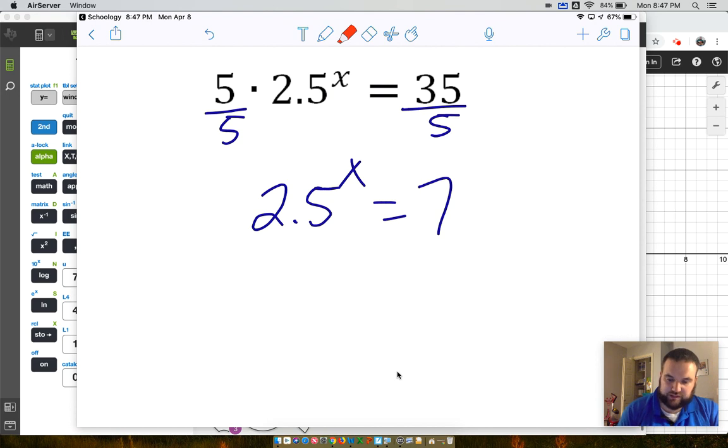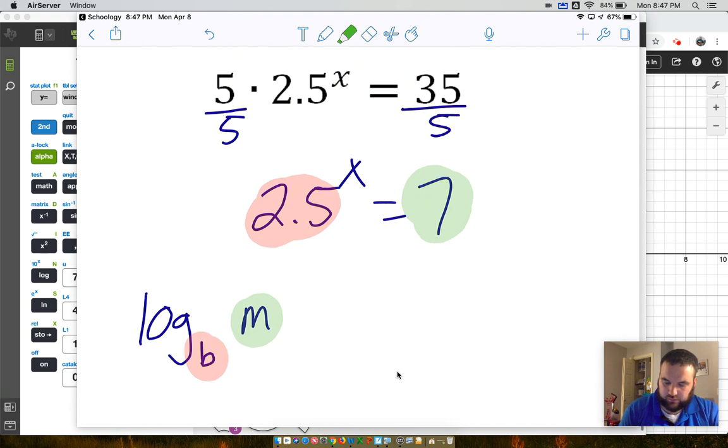Now, when we talked about logarithms, every log has a base number, and that base number matches the base of the exponent. The next is called the argument. I think I used the letter M. And that argument is the same as the answer in the exponential form.